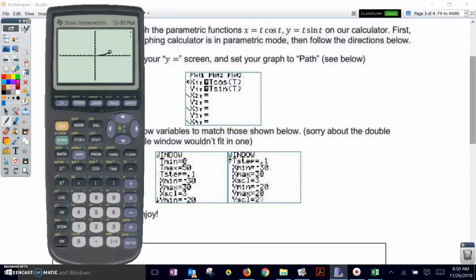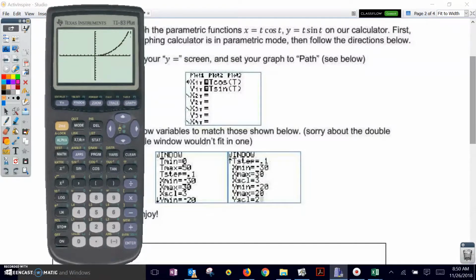And it's leaving behind the path of the graph of t cosine of t, t sine of t.